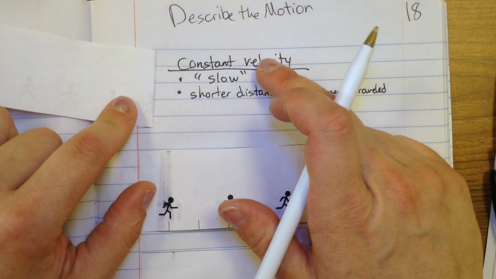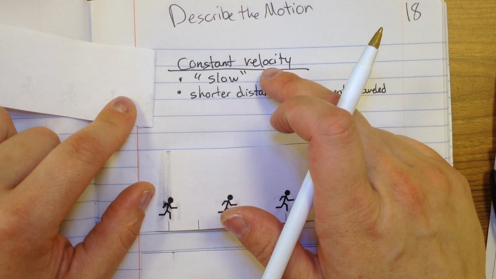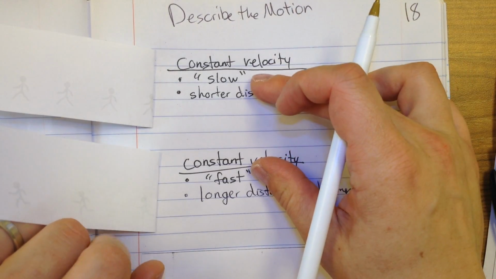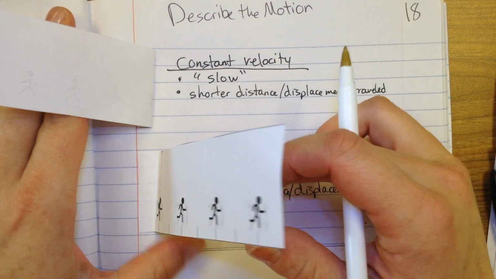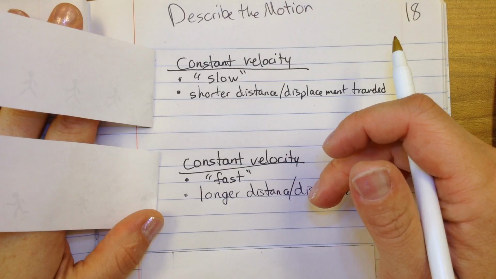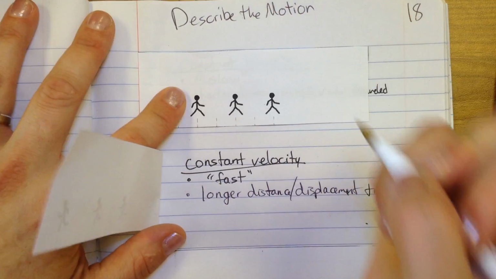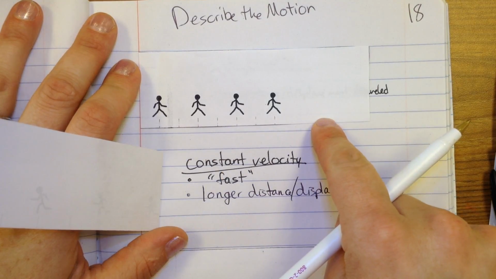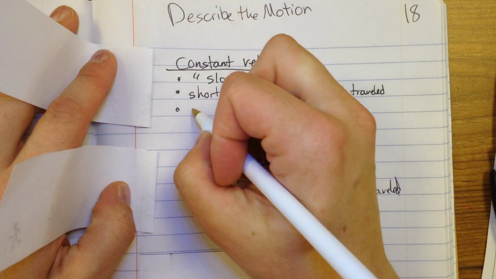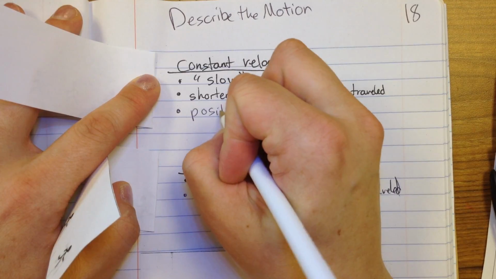If we're talking about constant velocity, velocity is more than just whether it's going slow or fast. Velocity includes speed and direction. Moving from the left to the right, this is going in a positive direction.